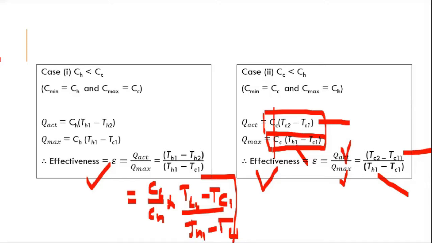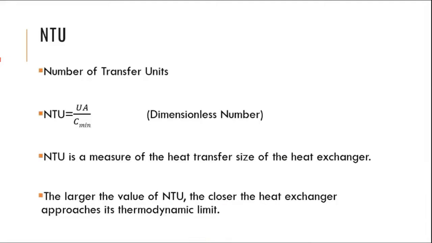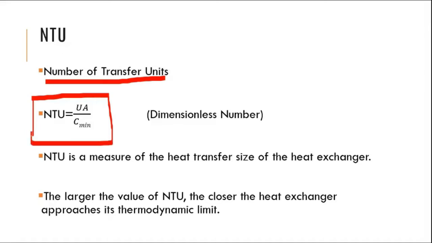We will see what NTU is. For NTU, we will only talk about the mathematical relation. What is the physical significance of NTU? This we will not discuss right now. This we might discuss later. NTU is called as number of transfer units. Now, NTU is given by UA divided by Cmin.